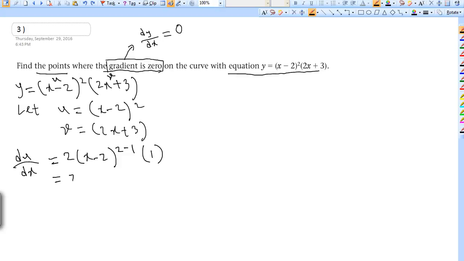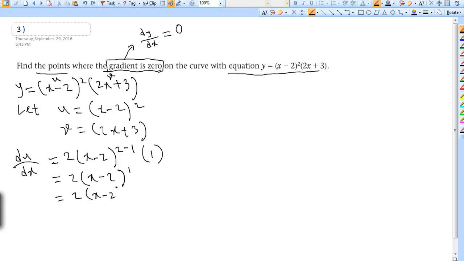So this will be 2x minus 2, so let us keep this as it is. Now let us differentiate v with respect to x. The value of dv by dx is 2, since the differentiation of 2x is 2 and 3 is 0.